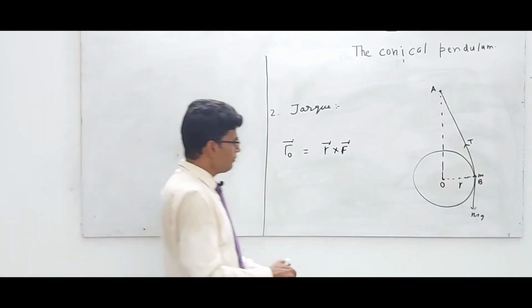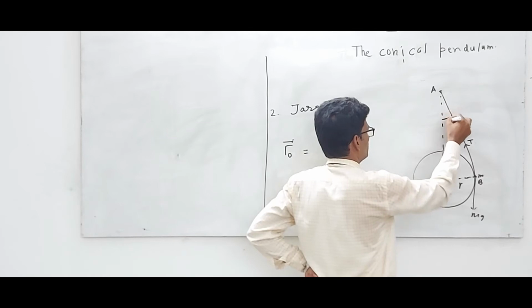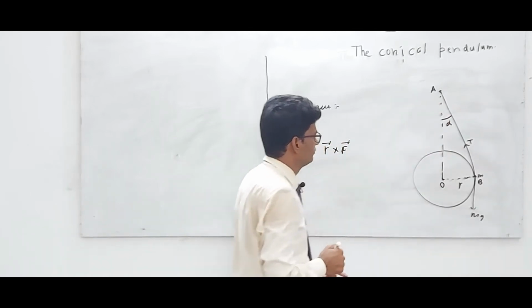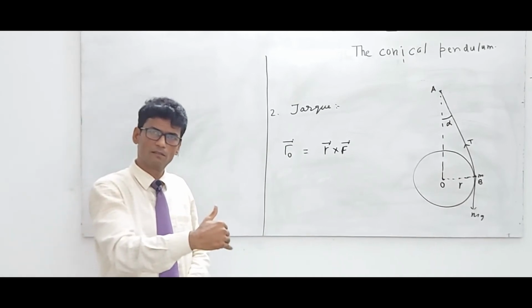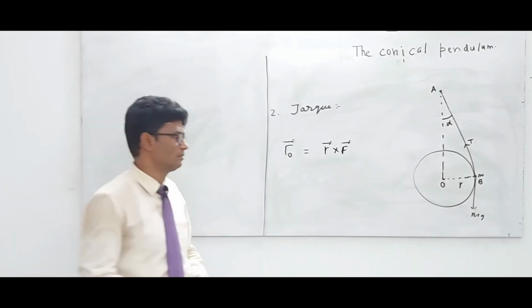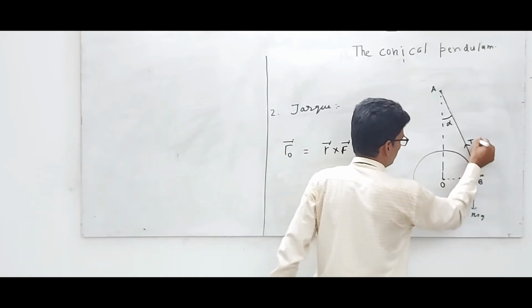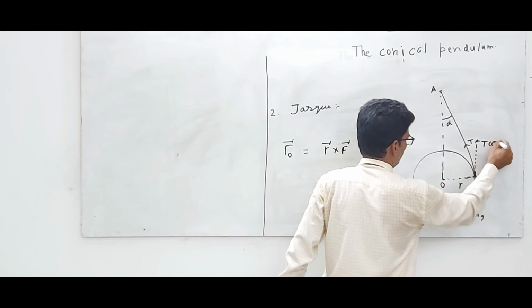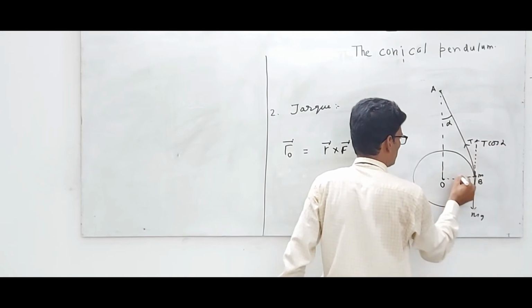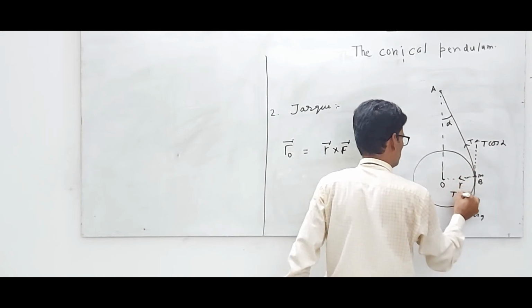Now we resolve the tension. This is the angle alpha, with angular velocity taken as constant. This is T cos alpha. Here is T sin alpha.